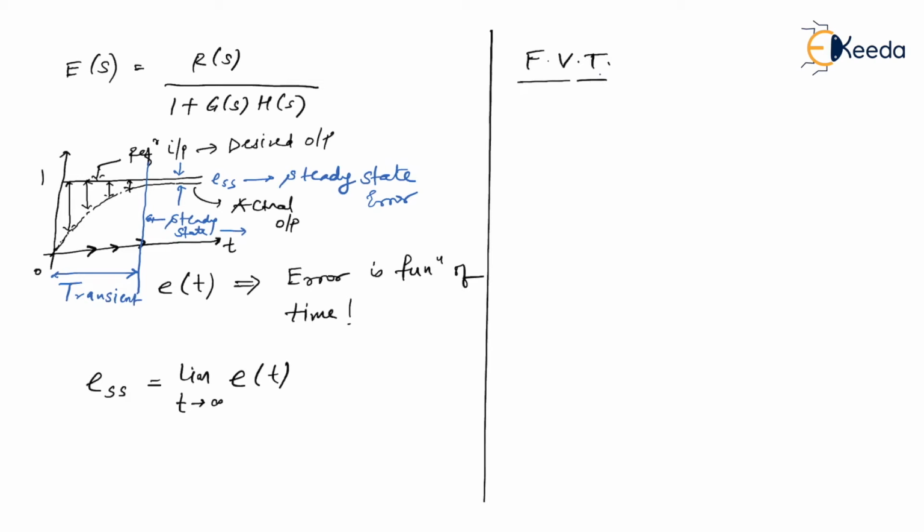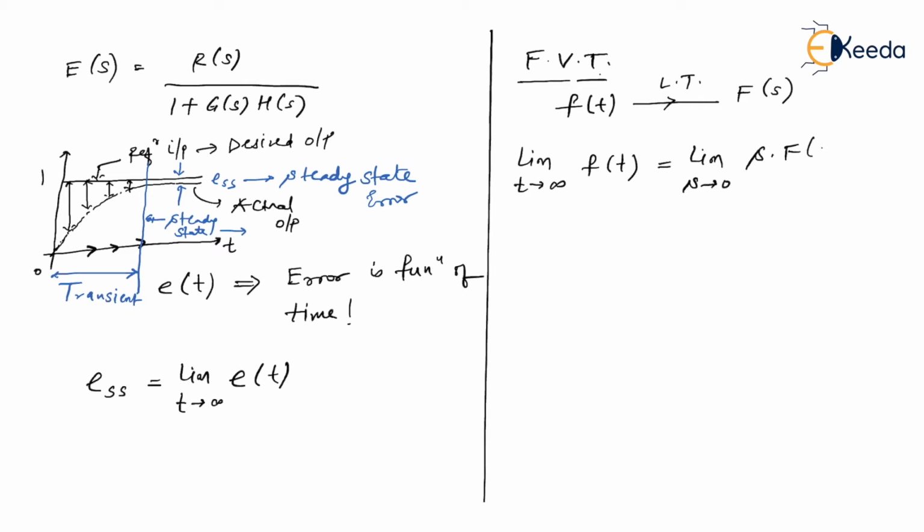In Laplace transform, you must have learned this. So what we say, if f of t is a function of time, and let's say its Laplace transform is F of s, then by using the final value theorem, limit t approaching infinity f of t is equivalent to limit s tends to 0 s into F of s.